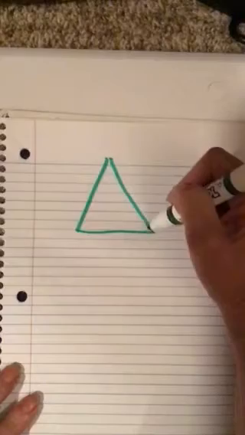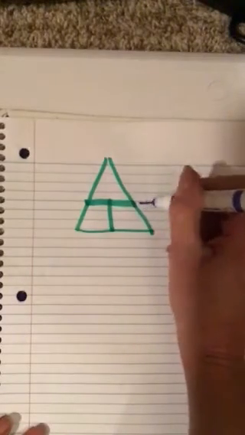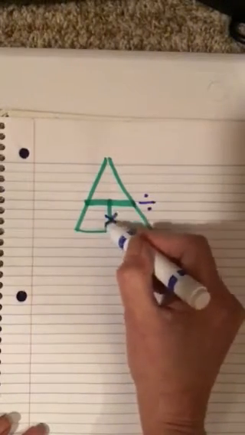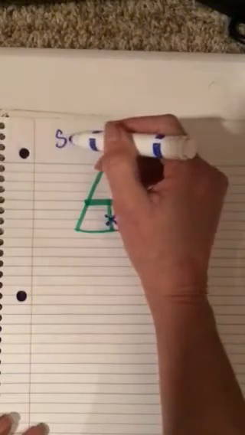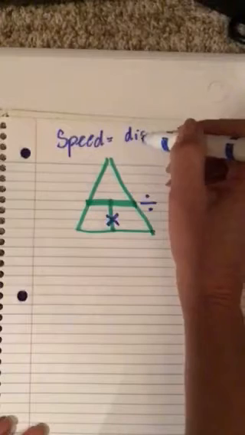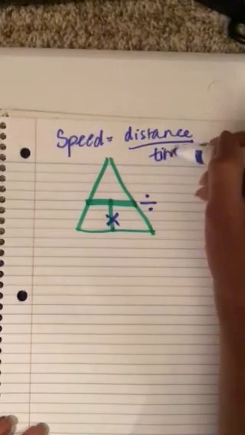Alright, so let's get to it. So let's get out our helpful little formula triangle. In the formula triangle, anything between top and bottom is divided, and anything between the bottom two halves is multiplied. So our formula that we're working with today is speed is equal to distance divided by time.